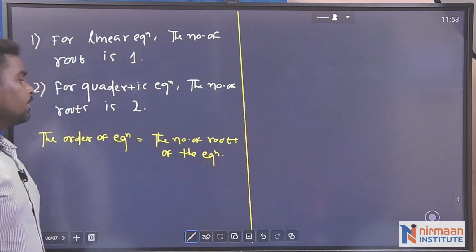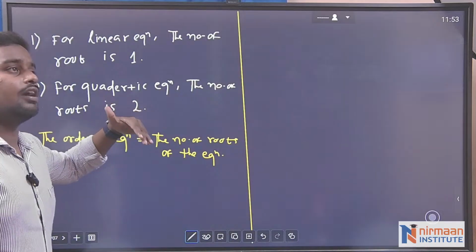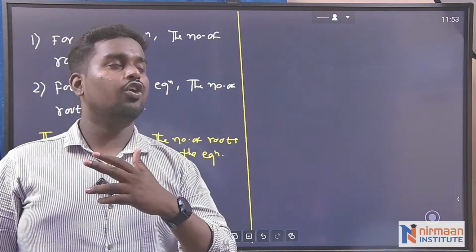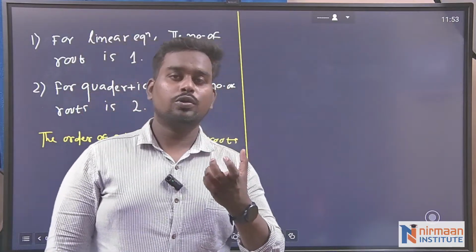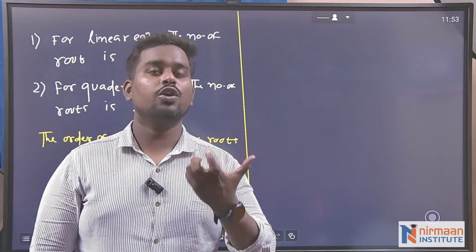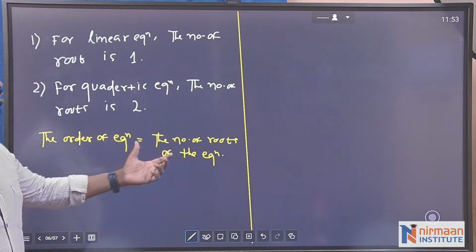The order means the highest power. For a quadratic equation, what is the order of the equation? It is 2, right? So the order of the equation must be equal to the number of roots of the equation.